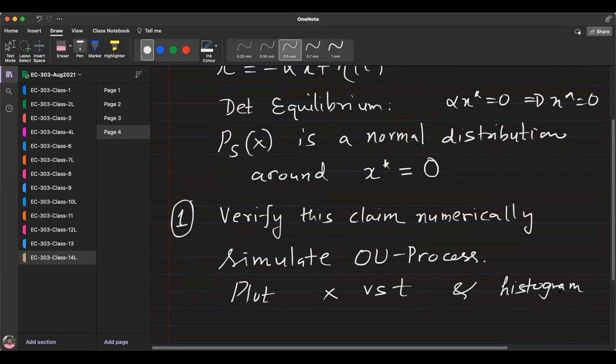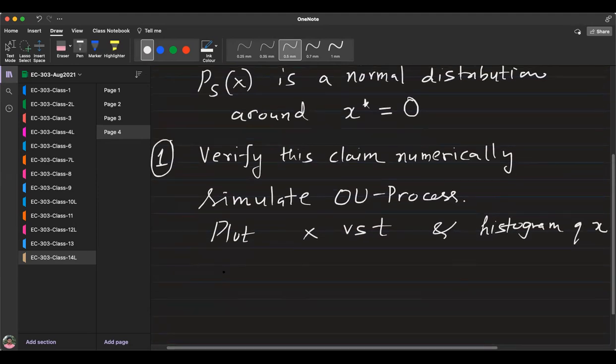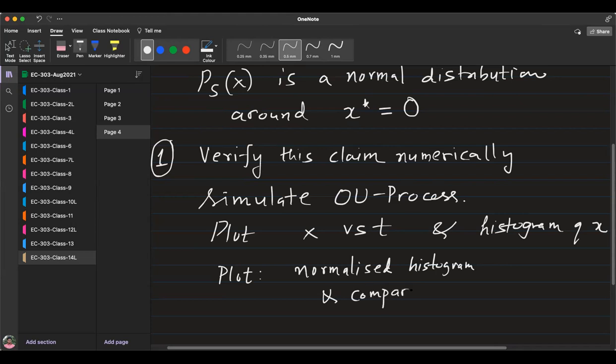What I also encourage you to do is the following: plot a normalized histogram. I don't think you will have time for this because normalizing the histogram will require some manual work, I think. Or maybe there's a function in R. Okay, and compare with the analytical expectation, e to the power minus alpha x squared by 2 or 4.